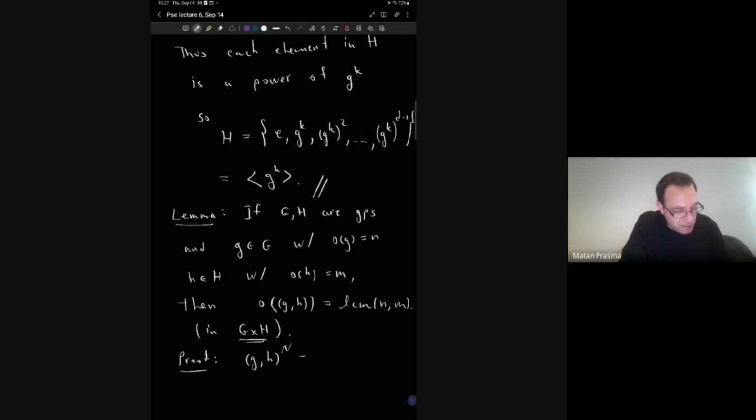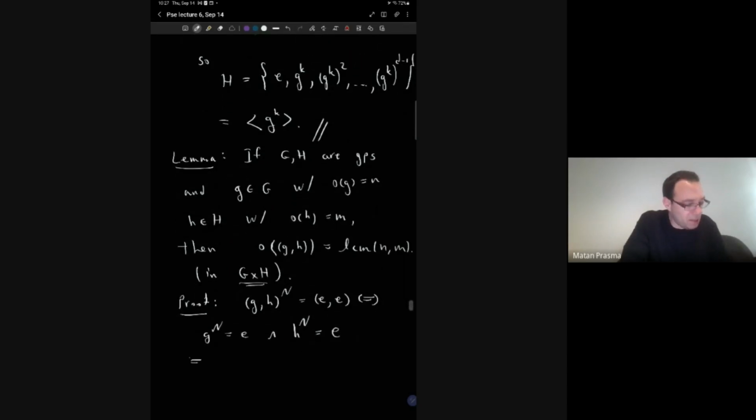So to say that this is equal to the neutral element is equivalent to saying that g to the n is the neutral element in G, and h to the n is the neutral element in H. But this in turn is equivalent to saying that the order of g divides n, and the order of h also divides n.